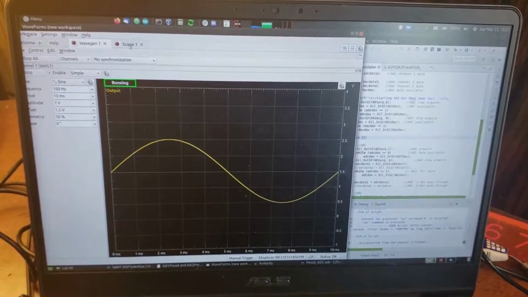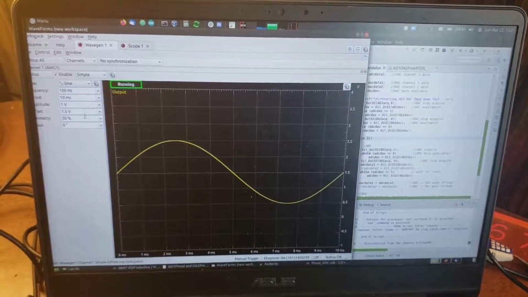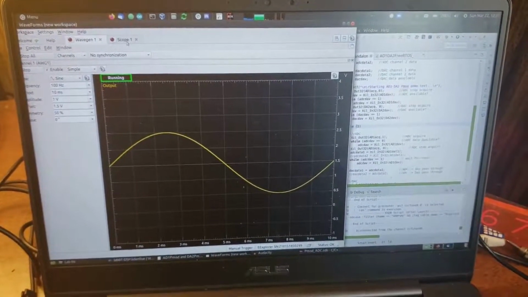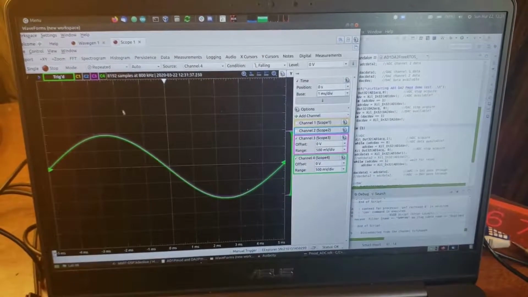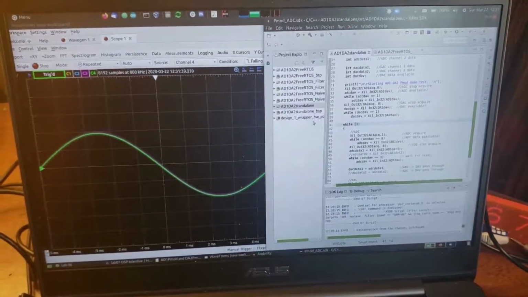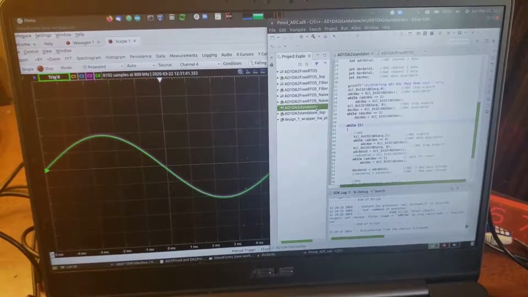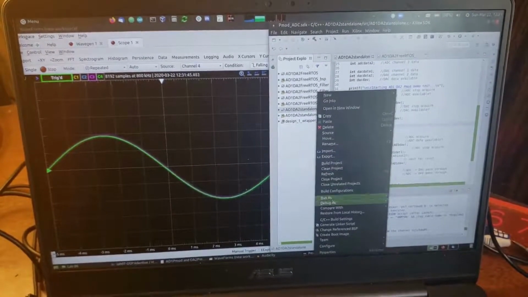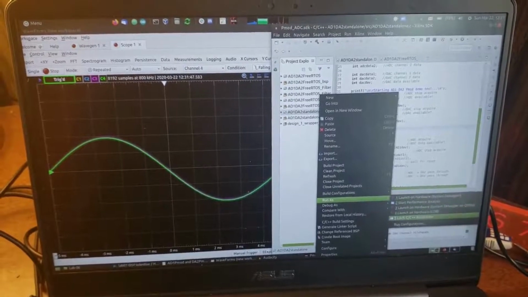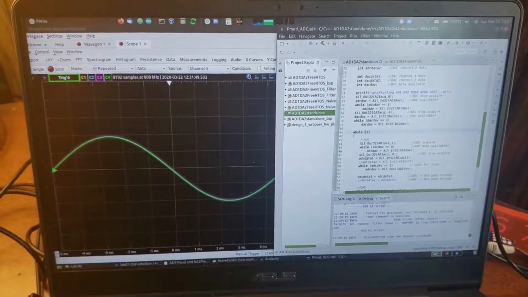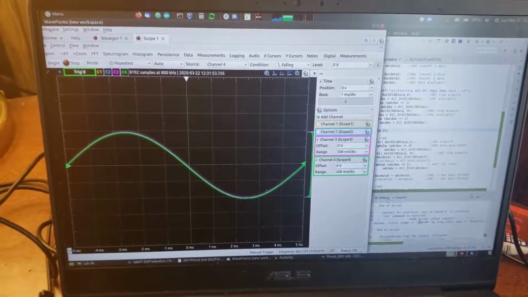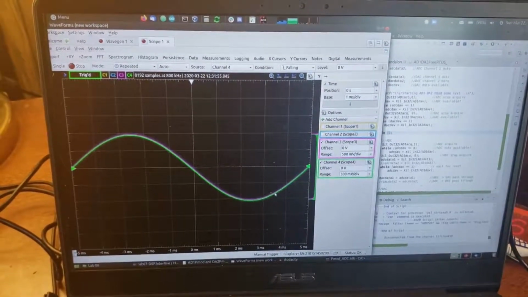The A to D cannot read negative voltages, so I've moved the wave so that it will only be positive voltages. So let me load. I will run the standalone version on the hardware. Run as launch on hardware, and you'll see down here it's starting to load.